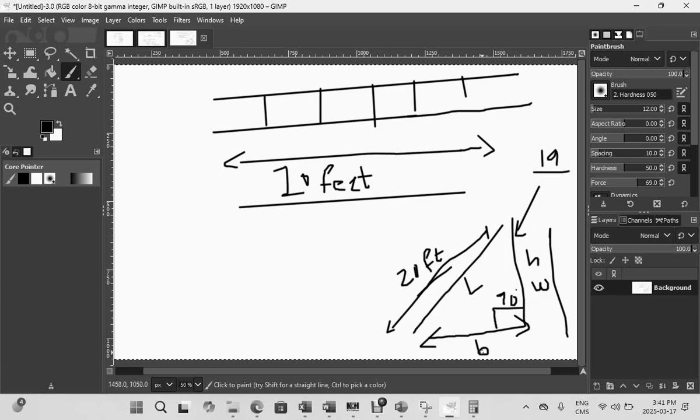We need to figure out B, which is the distance from the wall to the base of the ladder. So we know that A squared plus B squared equals C squared.